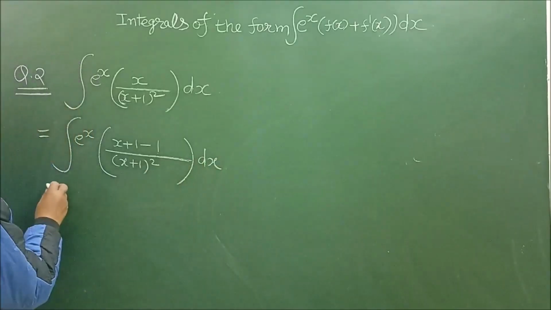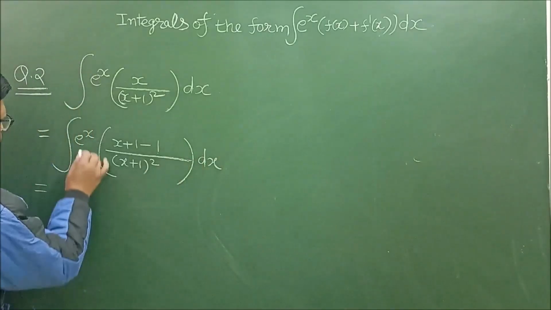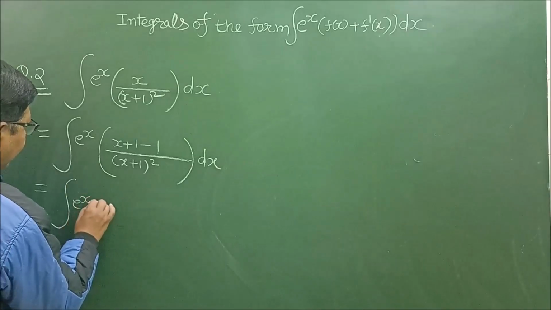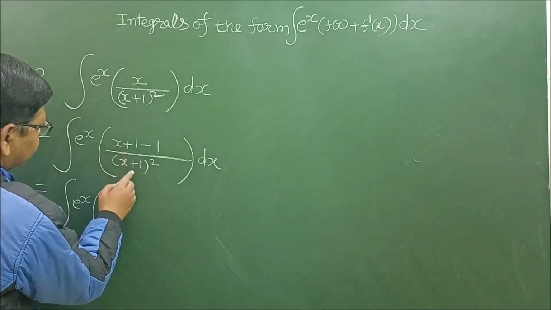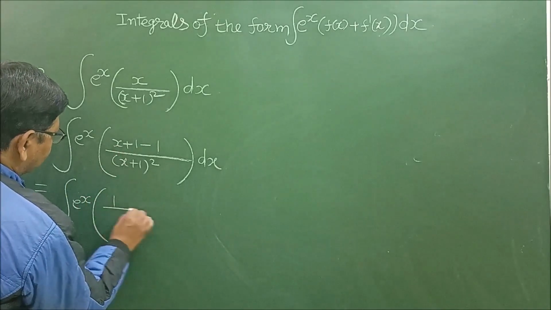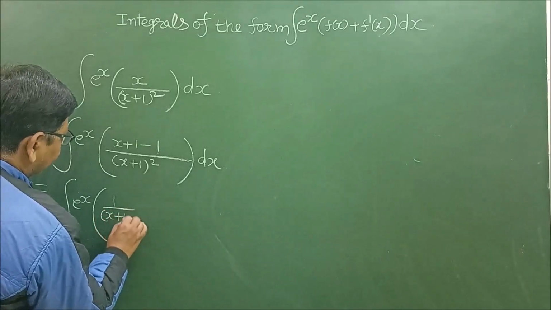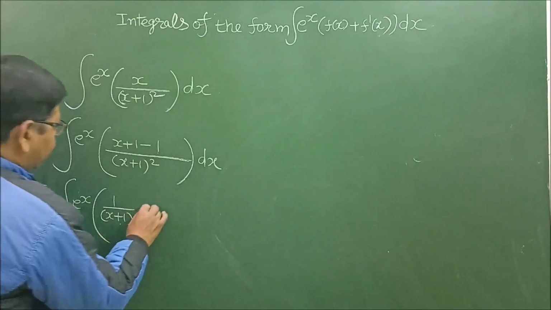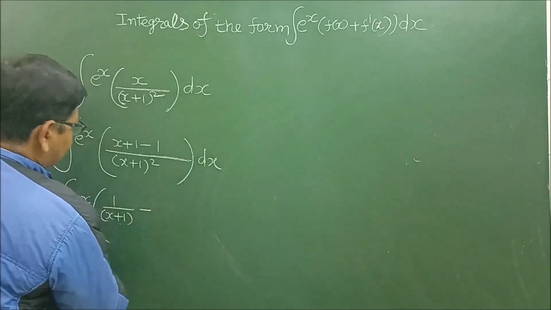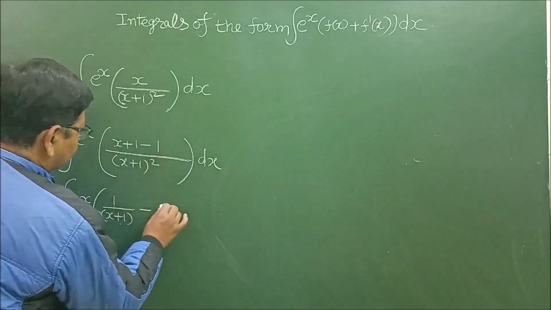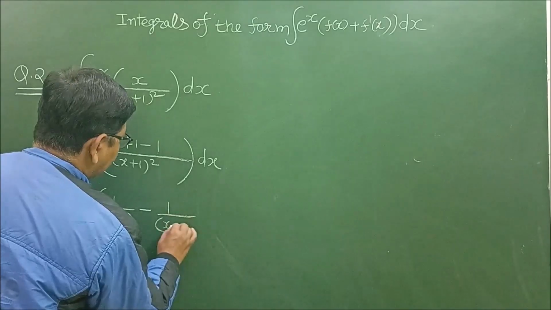Now separating we get e^x, and (x + 1)/(x + 1)² is 1/(x + 1) − 1/(x + 1)² dx.